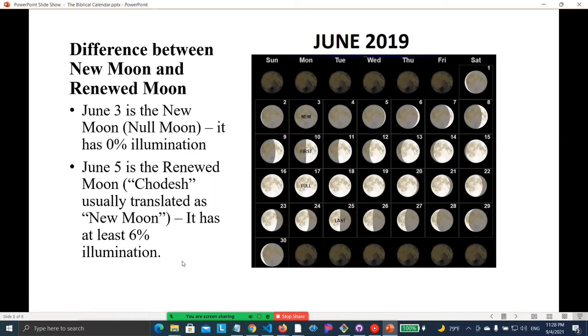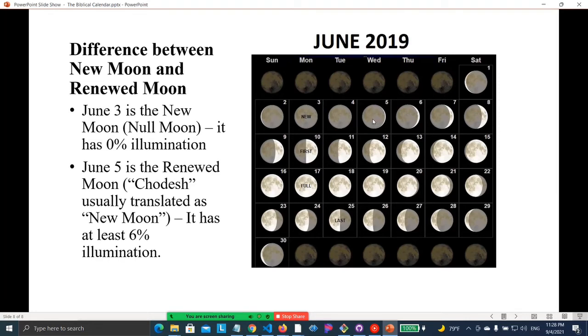Now I've got one more thing here to show the null moon, also called new moon on astronomical charts, versus the Kodesh. This is a calendar with the moon phases from June 2019. On June 3rd, the new moon occurred, the astronomical new moon, the null moon, the dark moon. As you can see in the picture, there's absolutely no coloration.